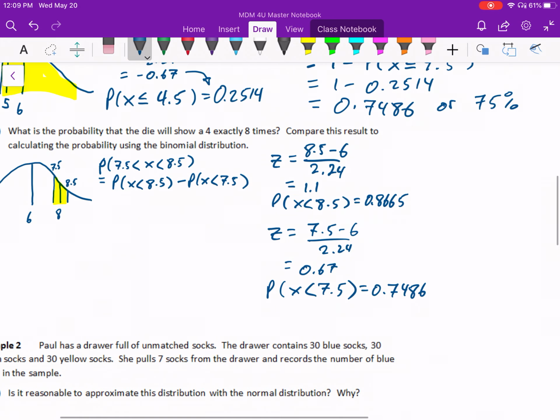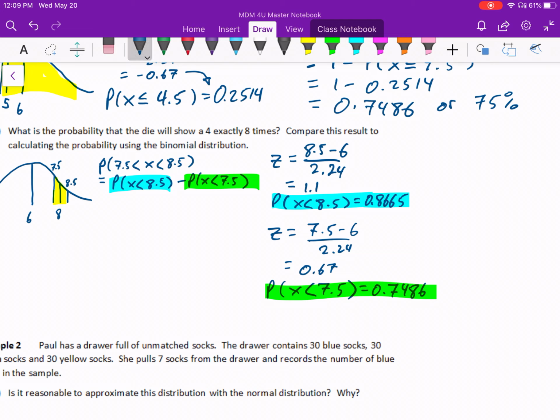I've used a little highlighting to make things clearer. I want to subtract the one I've highlighted in green from the one I've highlighted in blue. The difference between those two probabilities is the probability that we're looking for.